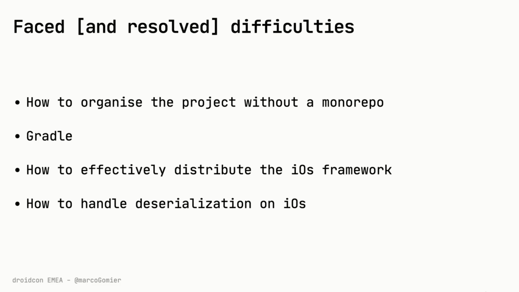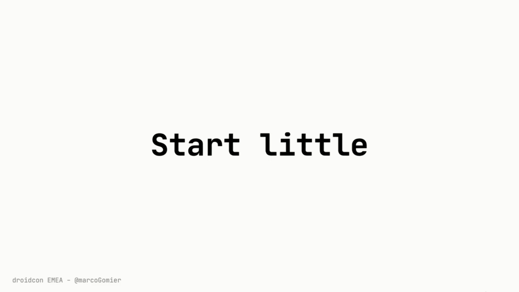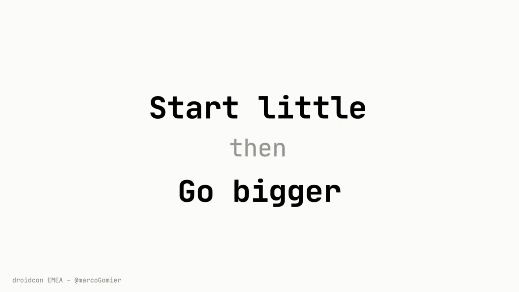And so after all these difficulties, I've extracted a pattern to follow if you want to start with Kotlin Multiplatform. And this pattern says that you need to start little and only then go bigger, because you have to validate the process.